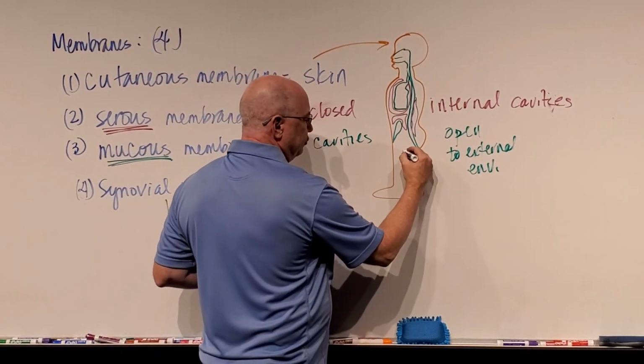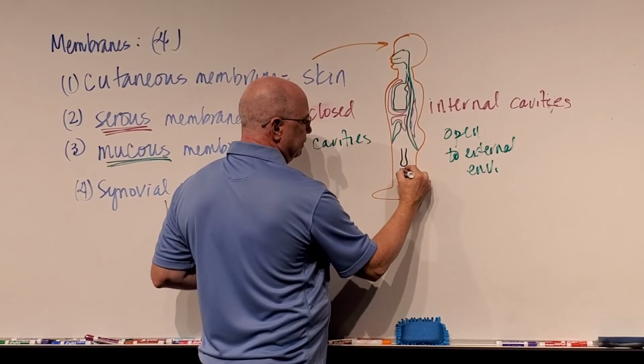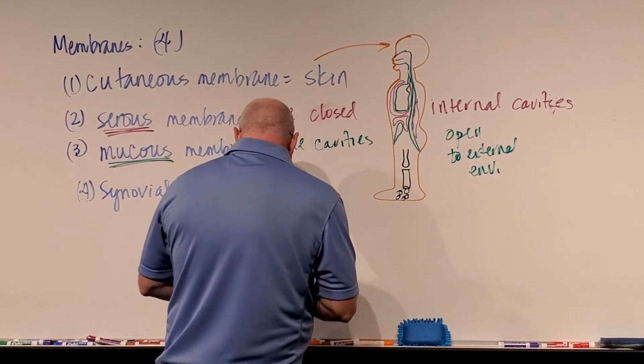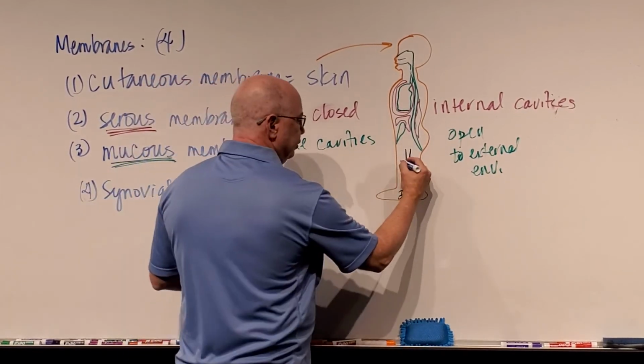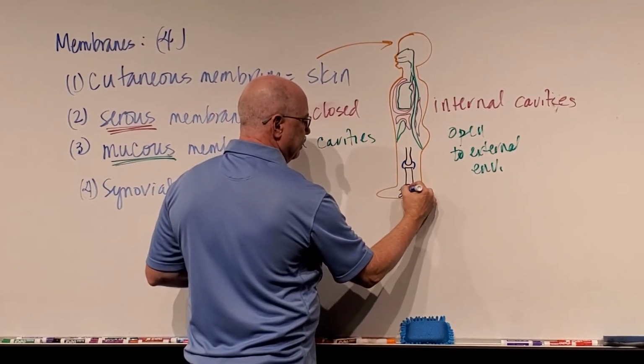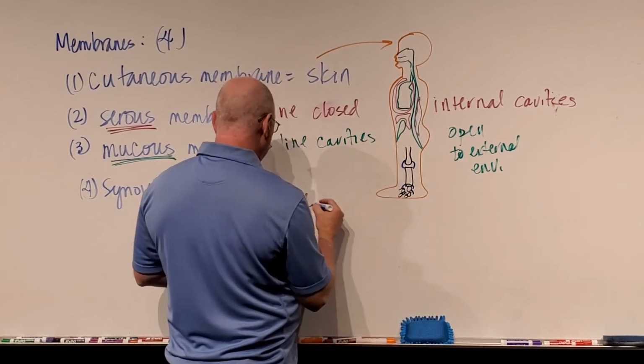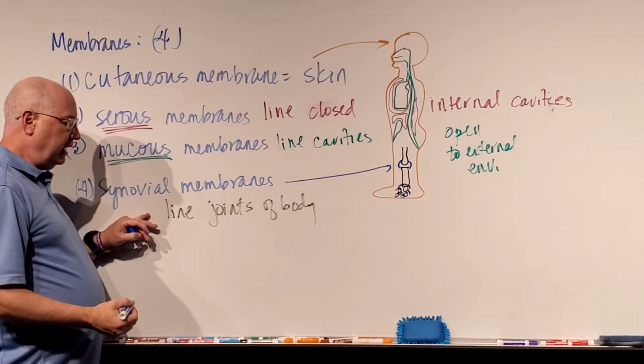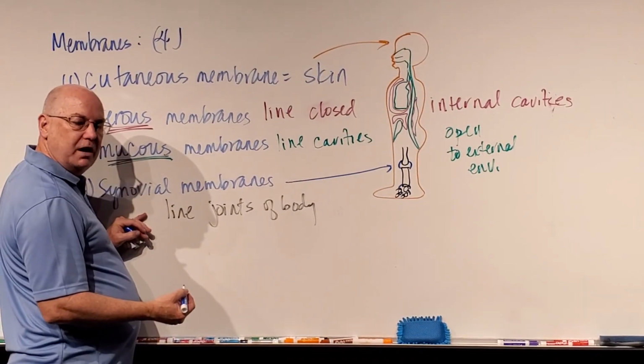So if I drew the end of the femur here and the tibia and the ankle and some of these little bones down here in your ankles, all of those joints are sealed off with a membrane called synovial membranes. So synovial membranes line or seal off the joints of the body.